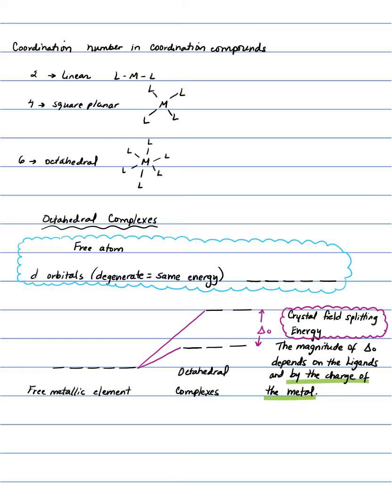They will have different energies. You have 3 orbitals with the same energy on the bottom part, and then you have 2 orbitals on the top part that are going to have a higher energy. Okay? So your 5 orbitals are split 3 and 2. 3 on the bottom, 2 on the top part.